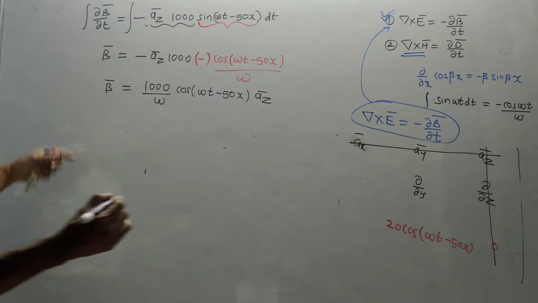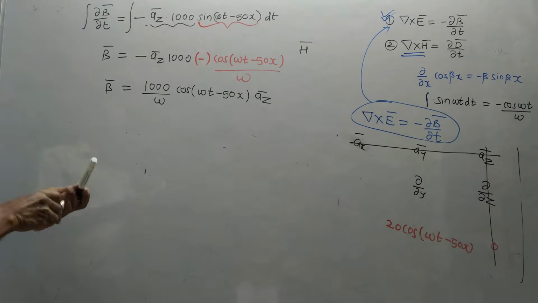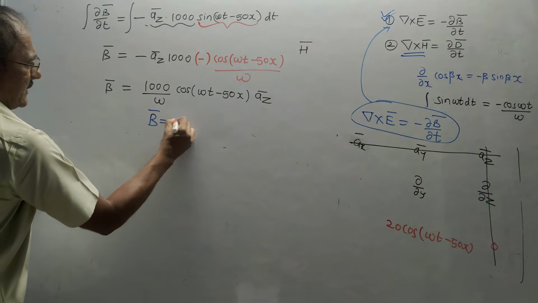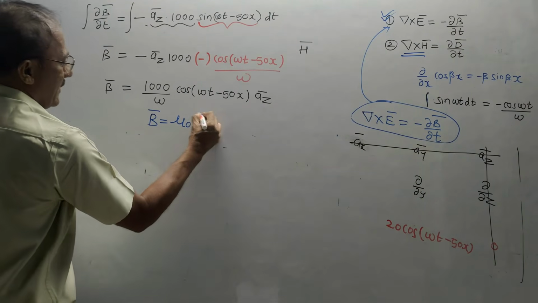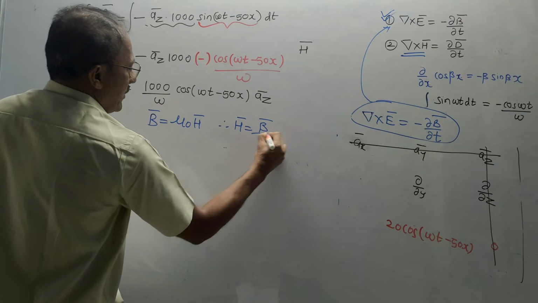But what is asked in the question? It is asked to calculate H bar. We know the well-known formula: B bar, that is magnetic flux density, is mu 0, the permeability of free space, into H bar. Therefore, H bar is B bar upon mu 0.